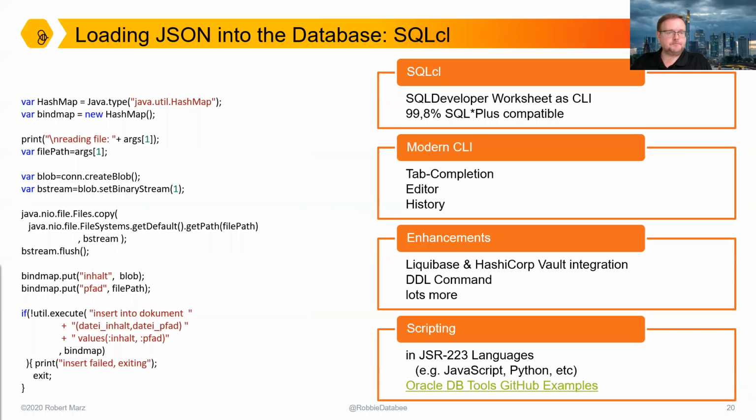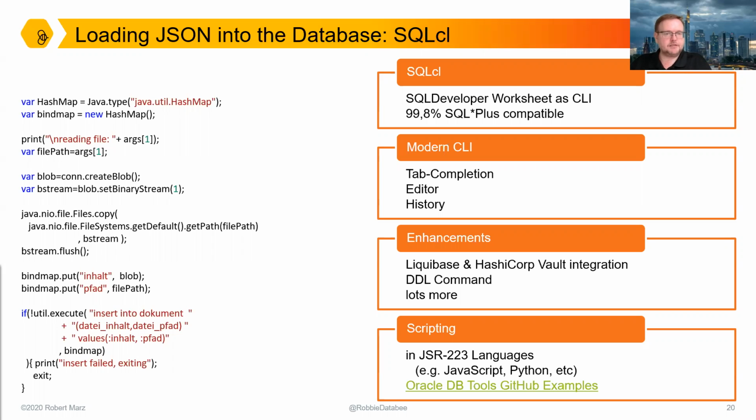Okay. Finally, there are a couple of other ways. You can always use client tools, like your own written Python script, or, if you're familiar with it, SQLcl, the SQL Developer command line. This is basically the Oracle SQL Developer worksheet turned into a command line tool, and it has a very cool enhancement where you can script in different languages, for example in JavaScript.